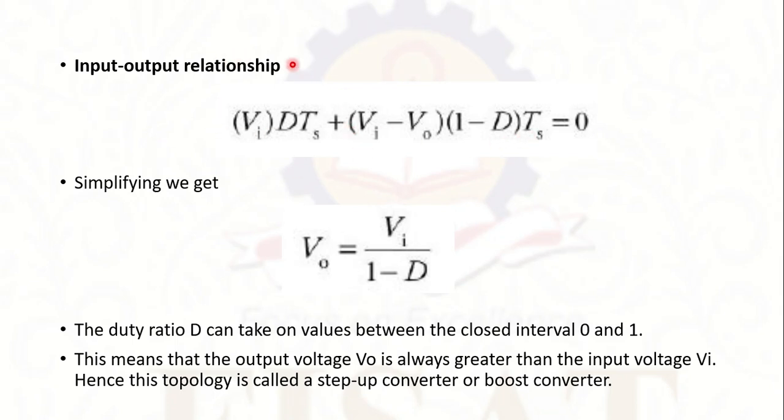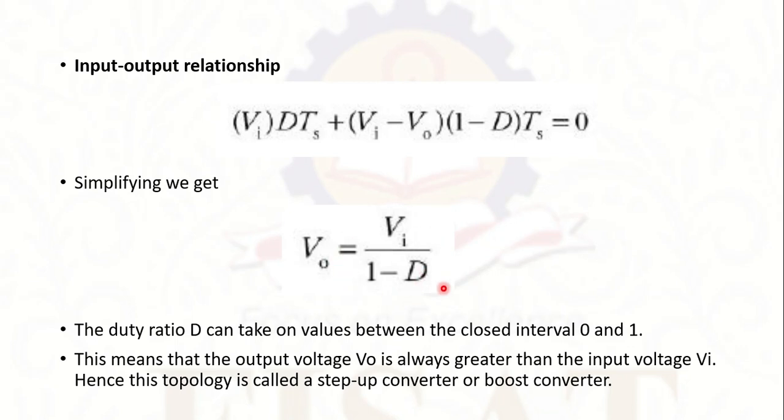These are the voltages across the inductor during dTs and 1 minus d into Ts, and that is given as 0. Simplifying this equation, we have to expand it and then solve for Vo. That is equal to Vi divided by 1 minus d. So this is the input-output relationship: Vo is equal to Vi by 1 minus d.